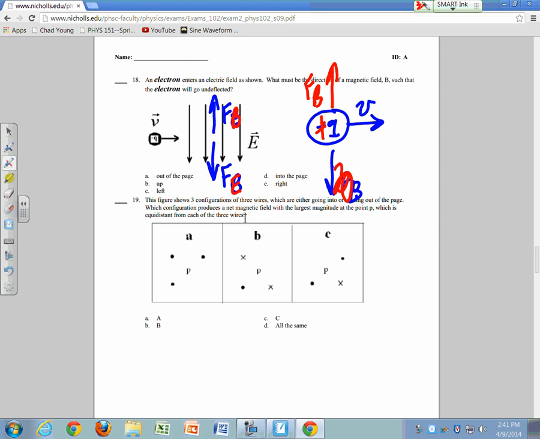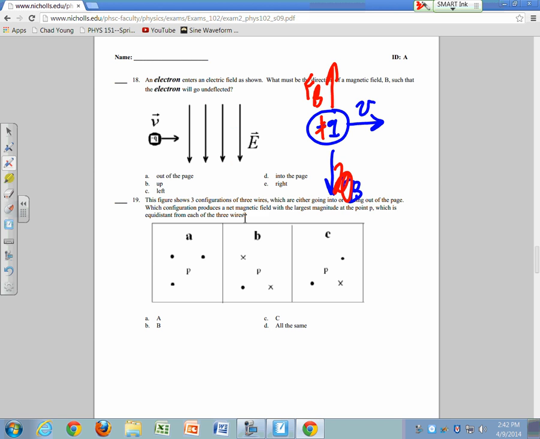Can you repeat that? Like, if you had everything remaining the same on 18 except you drew your electric field line pointing upward. Mm-hmm. You would have to draw the force in the opposite direction.